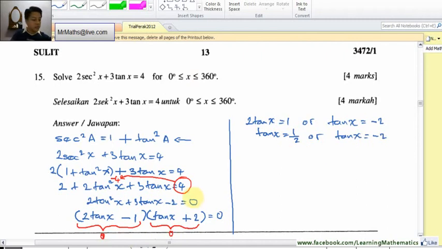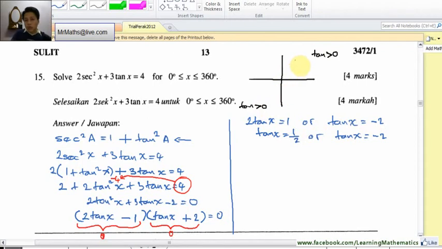So let's use, well, before you use the calculators to find out the value, let's take a look at a Cartesian plane. Okay, tangent is positive in the first quadrant and the third quadrant, and that will support tangent x is 1/2.